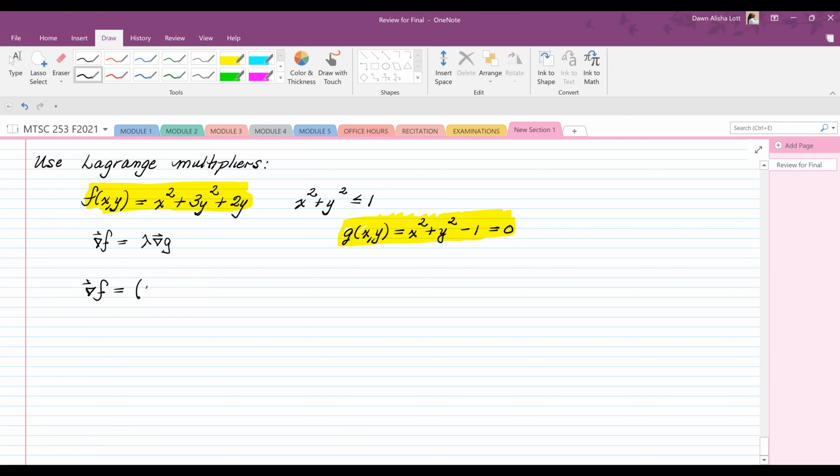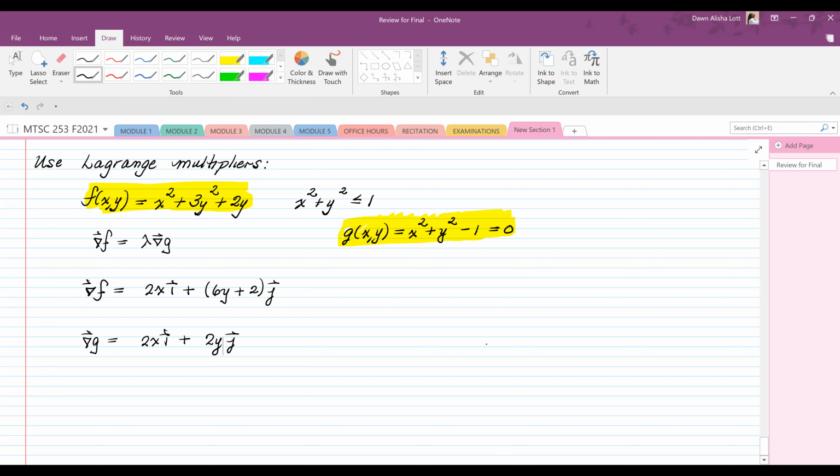So it's 2x i plus 6y plus 2 j. And what's the gradient of g? 2x i plus 2y j.